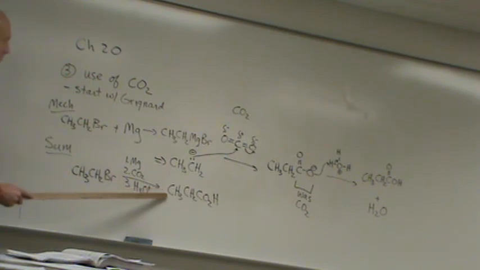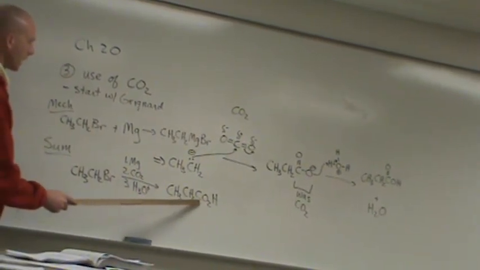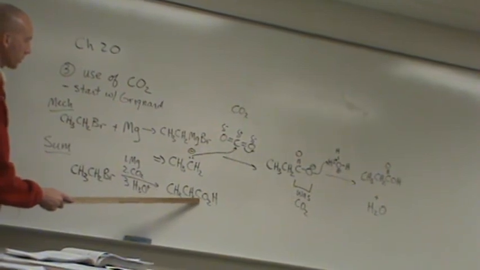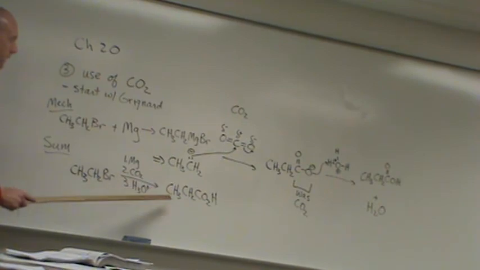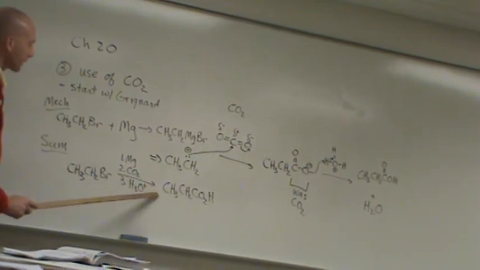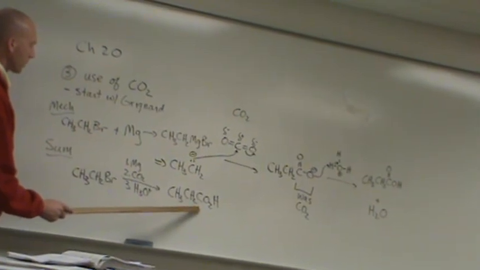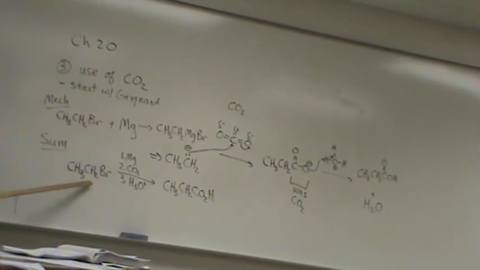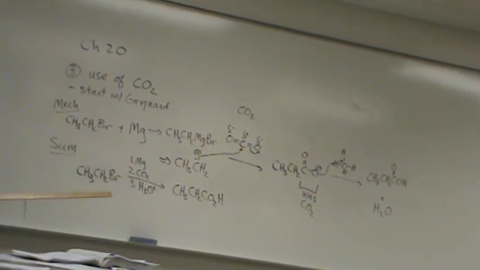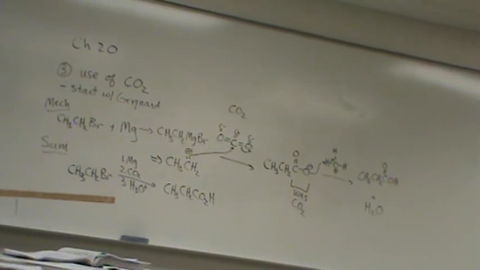How many did we end up with? Okay, very good. So we have added an extra carbon, which came from the CO2. So make a note of that, where we extend the carbon chain by 1. So we end up with propanoic acid, not acetic acid. That's one of the main properties that you want to take away from it.